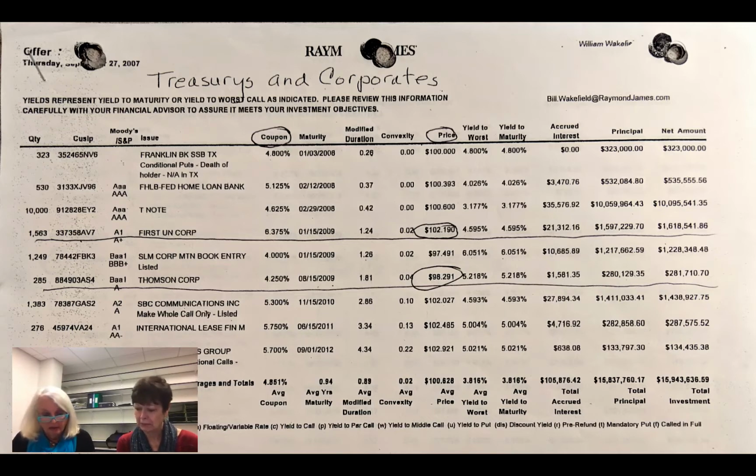Okay. Now, there's one more I can show you. Let's say we buy 10 of these Thompson Corp. So tell me why, when I look at this messy spreadsheet, messy to me, manageable to you, what are the numbers that I need to look for?